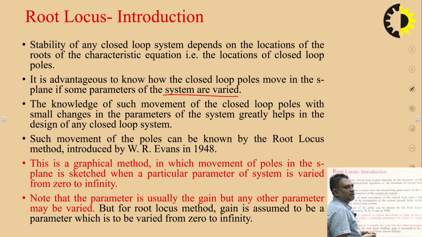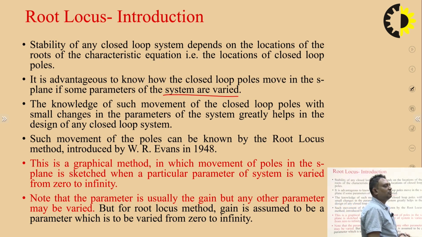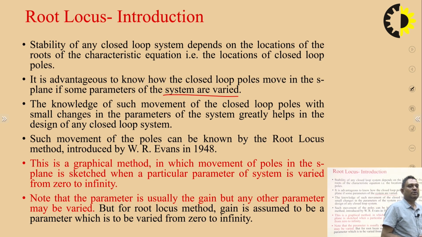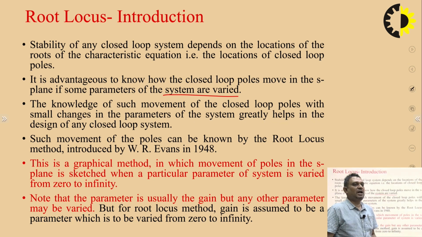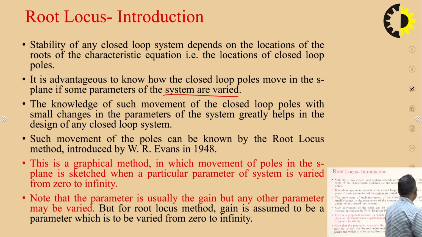We have the open loop transfer function, and as we change a parameter, the location of the poles changes. As we continuously change the parameter, the poles continuously change their location, and the parameter that we are going to choose is the open loop gain.